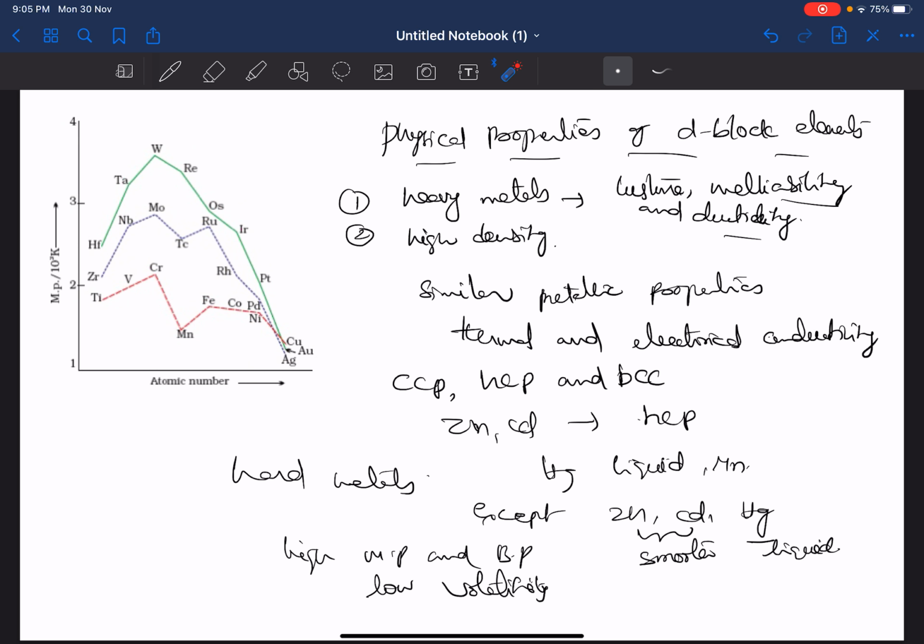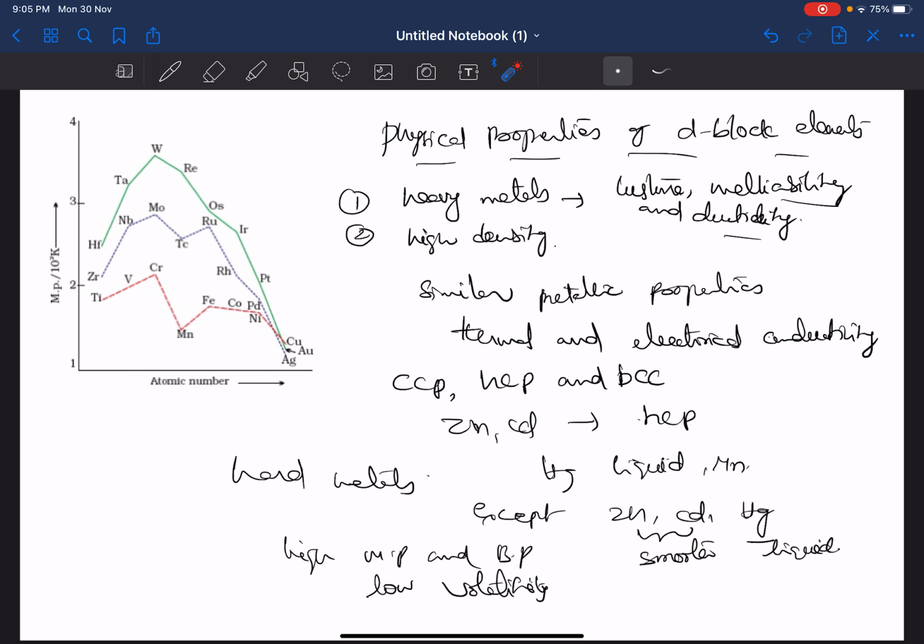Why are they hard metals? Why are these physical properties shown by the D block elements? That means they have unpaired d electrons in their outermost orbits.